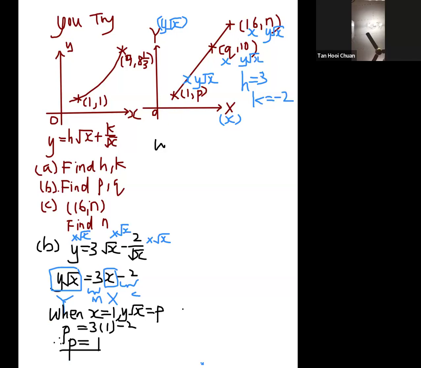Second set, when x equal to q, y with x equal to 10. So 10, get 12, q is 4.